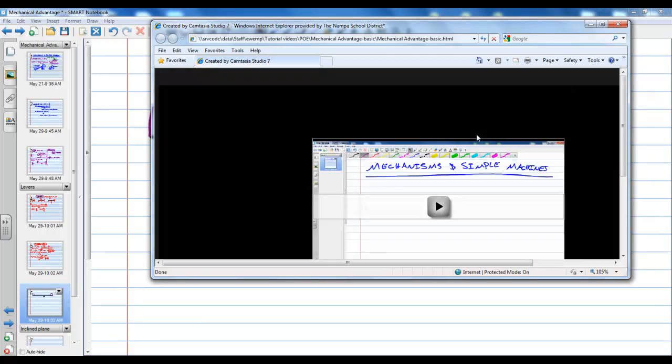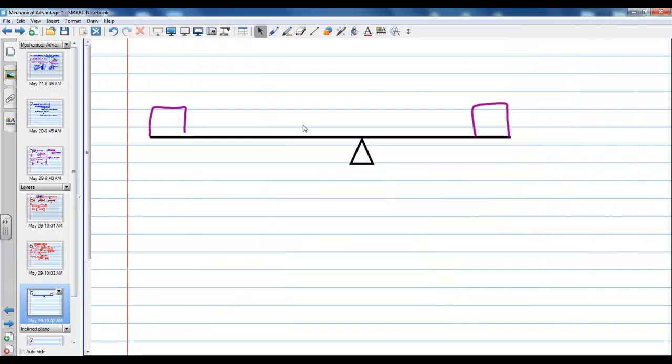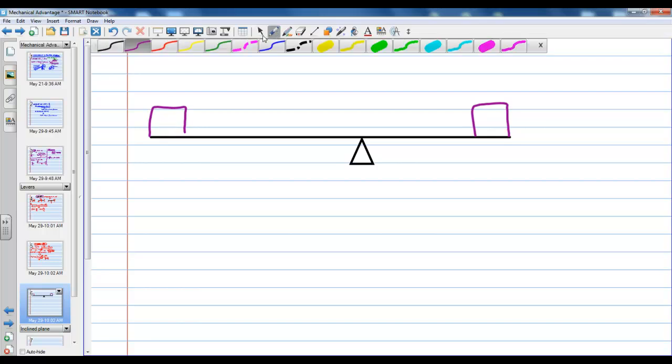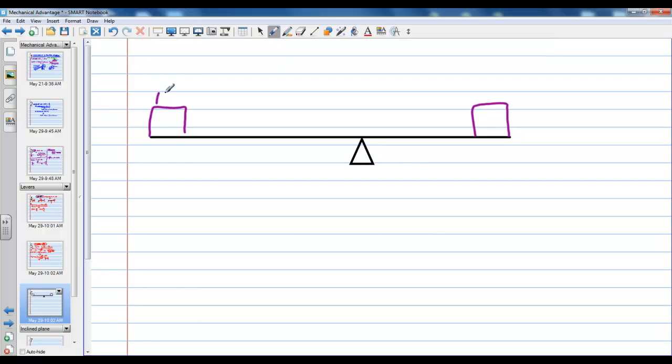Now we know that this one right here is going to be 15 pounds. So we know that this is a 15-pound force going down. There's our effort. Oops, excuse me, I wrote resistance, sorry.